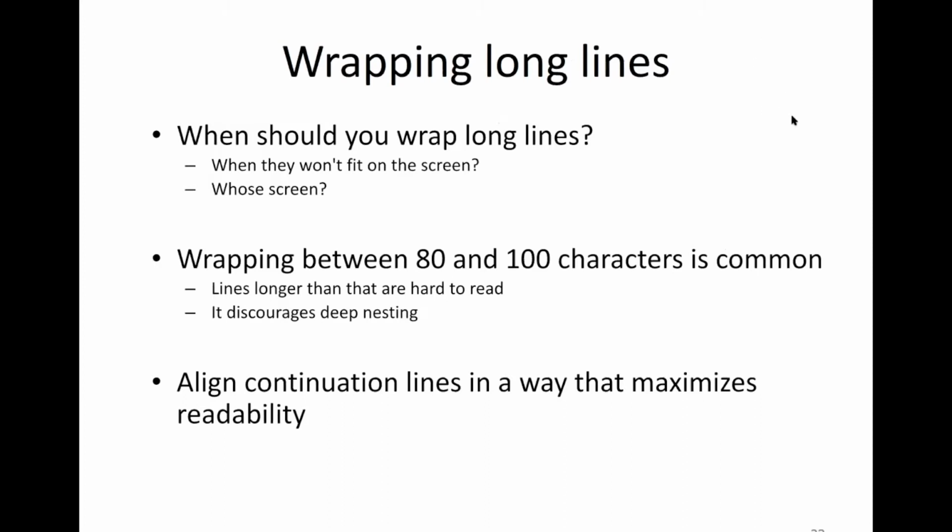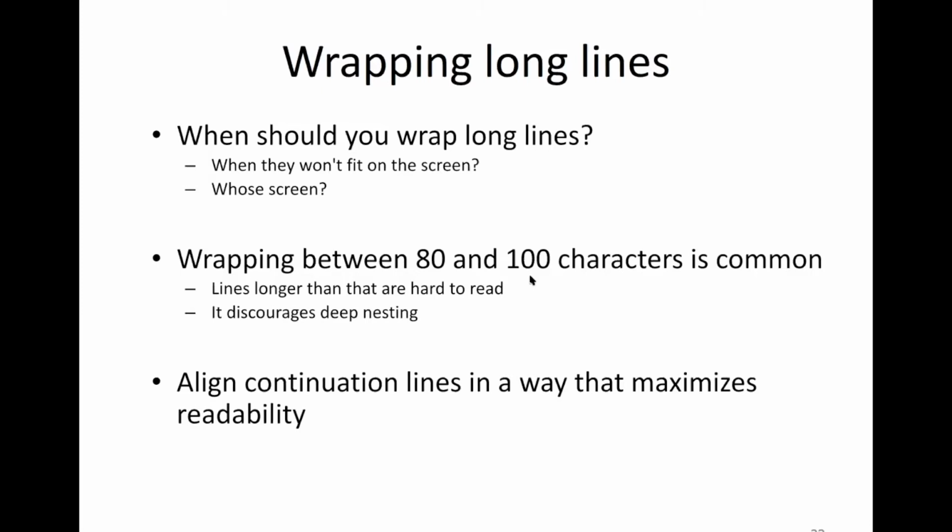We want to wrap long lines, but the question becomes, when should we wrap them? So at least when they don't fit on a screen, you probably want to wrap them, but screen sizes can be different. So again, it's not really clear exactly when we should wrap them, but it's common to wrap them between 80 and 100 characters. So have some number of characters.